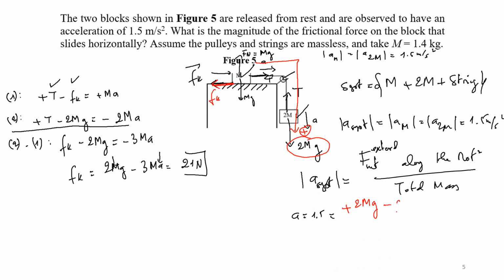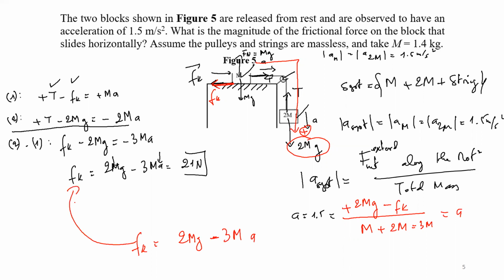So you'll have minus Fk, divided by total mass, m plus 2m, which is basically 3m. And this is equal to A. So basically you will have Fk now is just equal to 2mg minus 3m multiplied by A, which gives you the same answer. And it will give you 21 Newton.